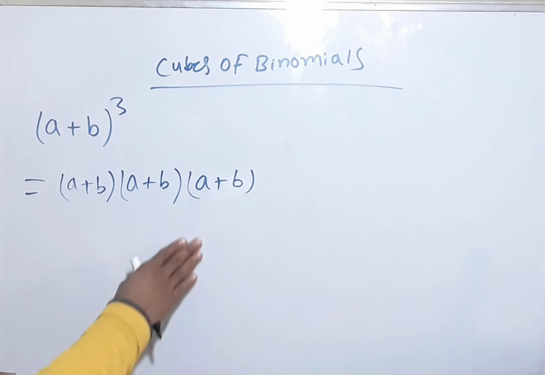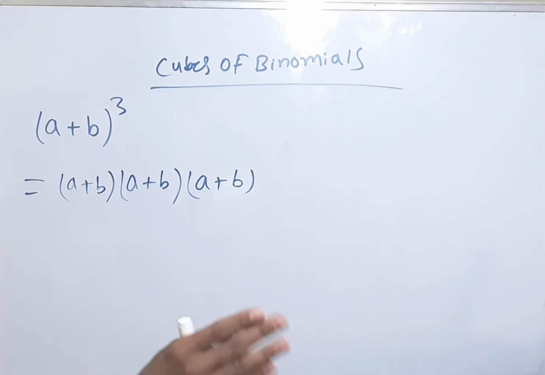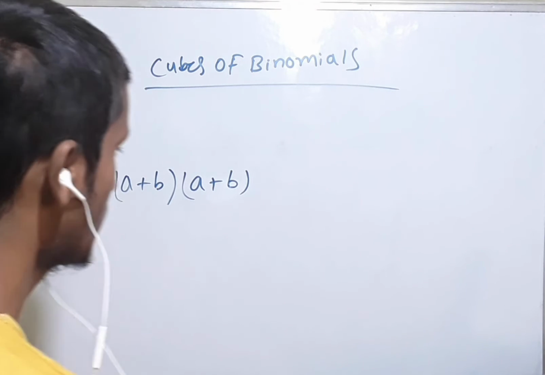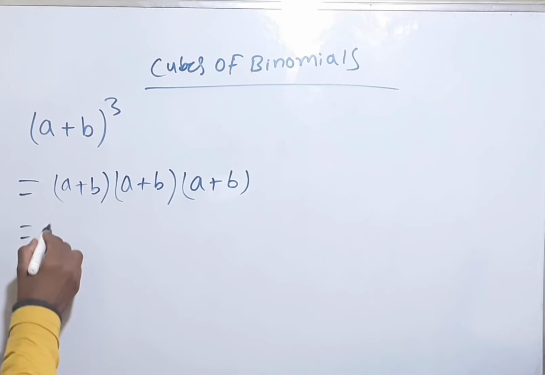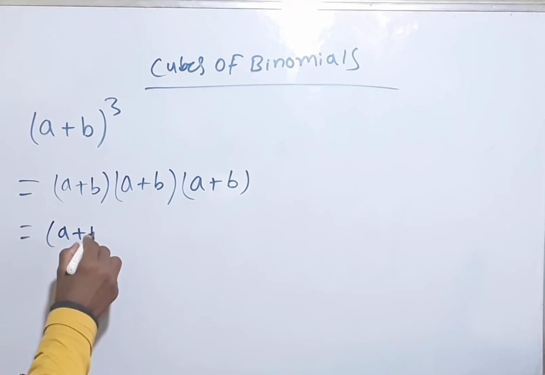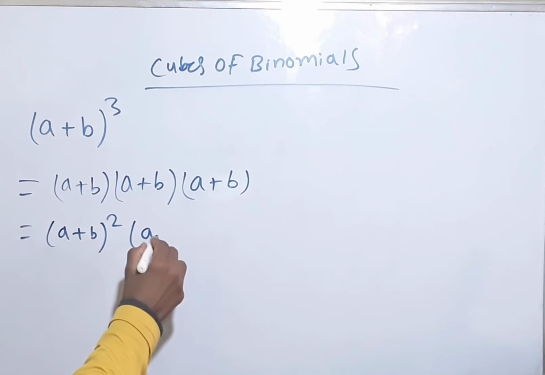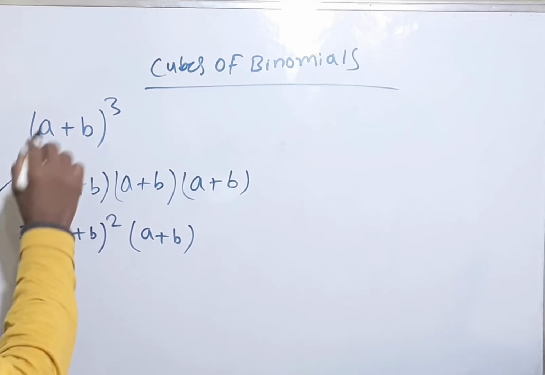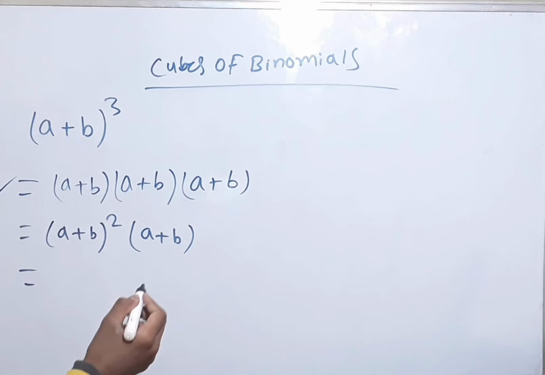I know most of you are beginners, that's why I'm showing it from the basic step. To do it fast, this is just a plus b to the whole squared, so we can write it as a plus b to the whole squared, and then times a plus b.